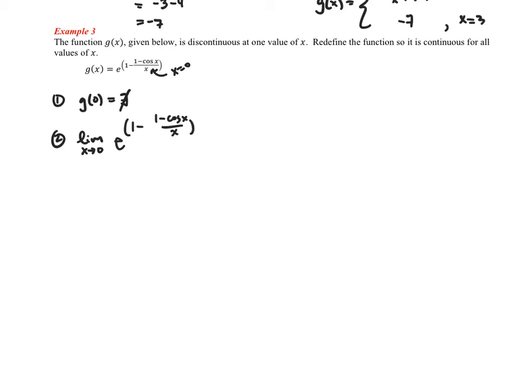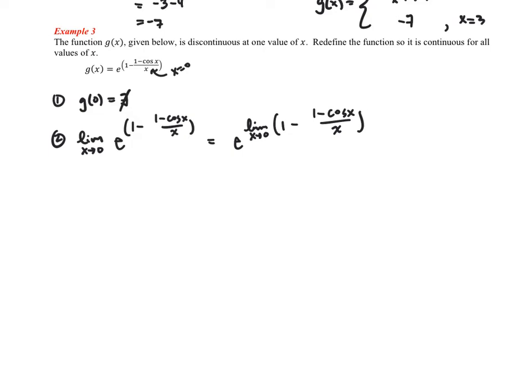Using some properties of limits, I can make this a little bit easier to work with and manipulate. I'm going to take e to the limit as x approaches 0 of this expression, 1 minus cosine x over x.